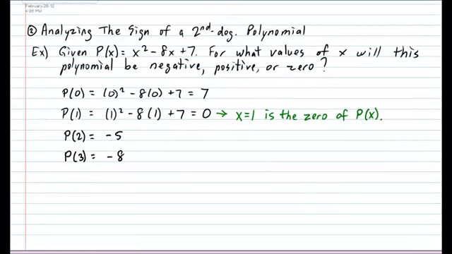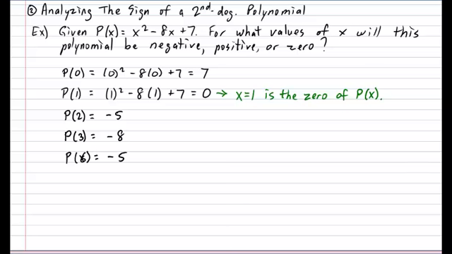But let's jump all the way to plugging in x equal to 6. So what is the value when x is 6? Let's take a look. If you did it correctly, you should have gotten that it equals minus 5. Interesting, still negative. Alright, let's keep going. How about we calculate the value of p when x is 7? If you did it correctly, you should have gotten 0. Very interesting.